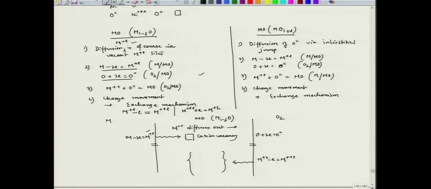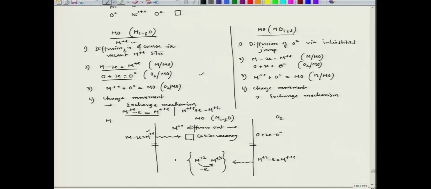So this is metal plus 2 and here metal plus 3. The electron goes to this, and then it becomes like this. This particular reaction is taking place.